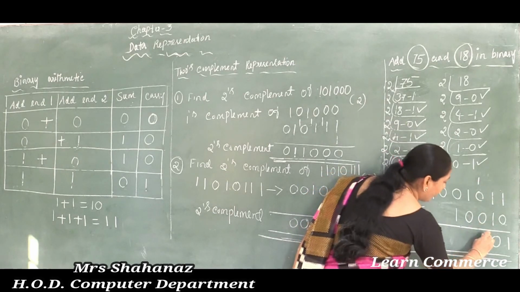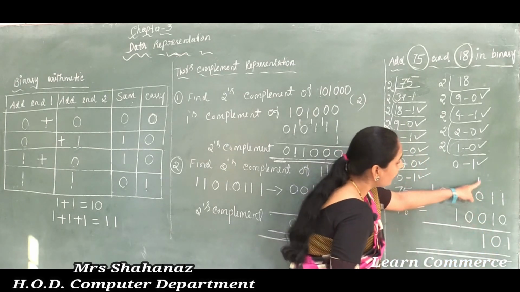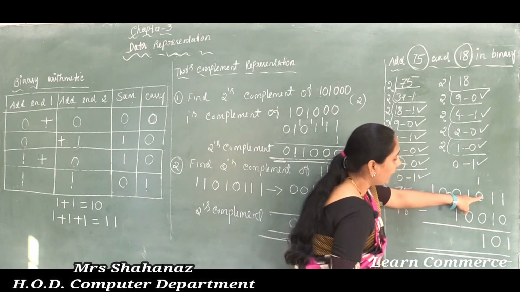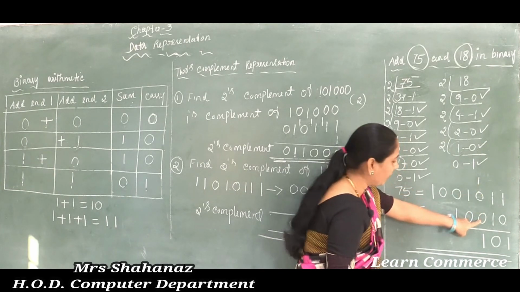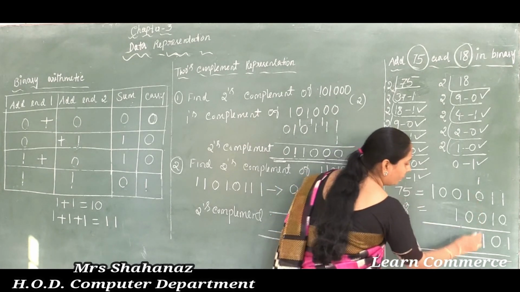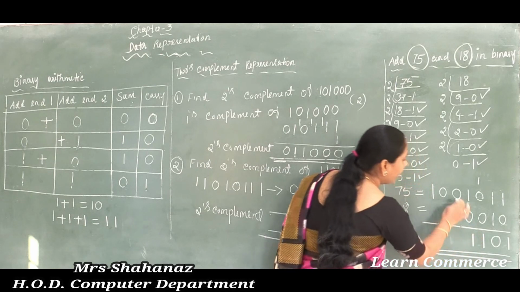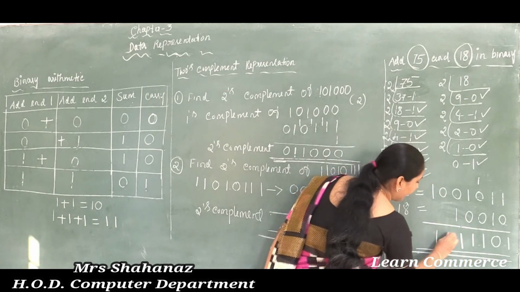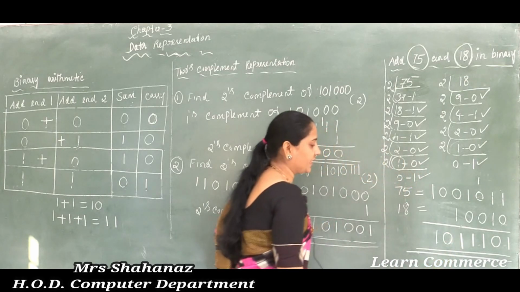So I need to write that 1 first of all. So 1 plus 0 plus 0, that means 1 only. So I completed here, and later next one, 1 plus 0, the value is 1. Okay, so 0 plus 1, the value is 1, and finally the 10, that means 1 and 0 as it is we need to write.